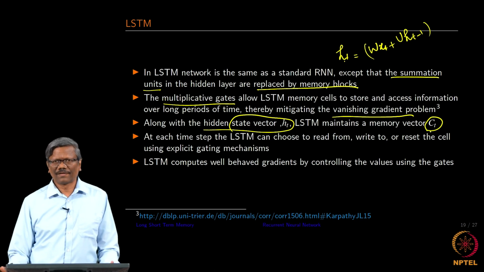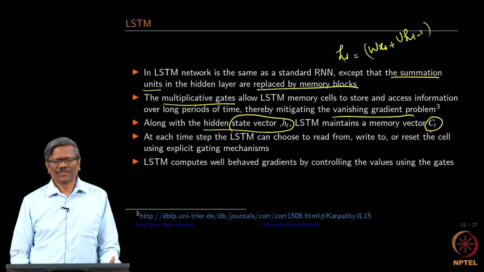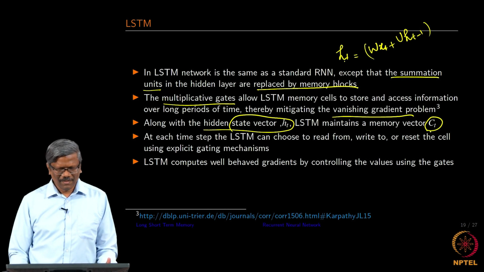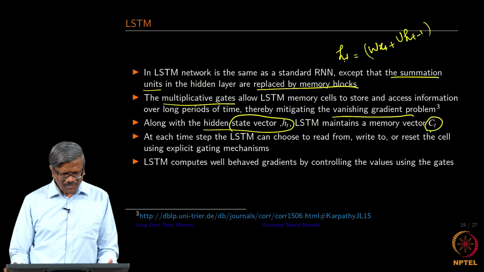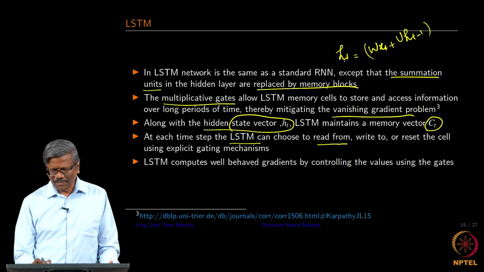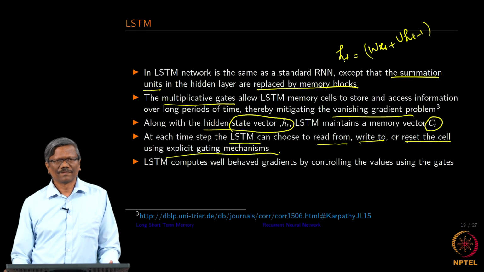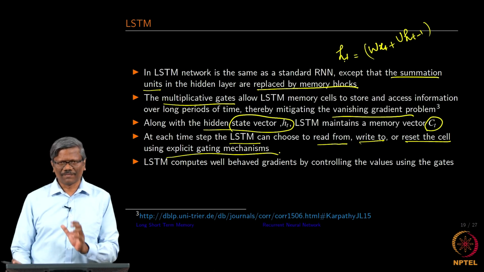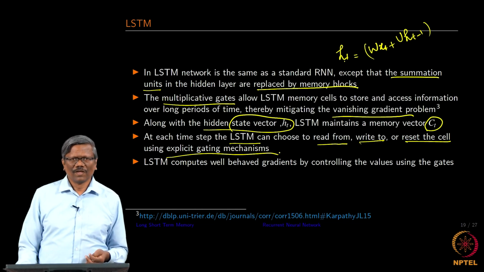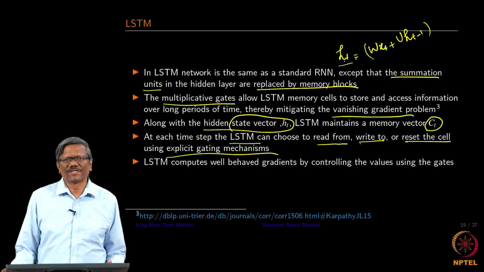This is going to tell us how to condition the values of the U, so that the vanishing gradient problem really disappears in the network. In this case, LSTM can choose to read from, write to, or reset all the cell values using the gating mechanisms. That means there is a very small computer inside, where it is able to read, write, and do some reset operations, so that the H values are very well conditioned.